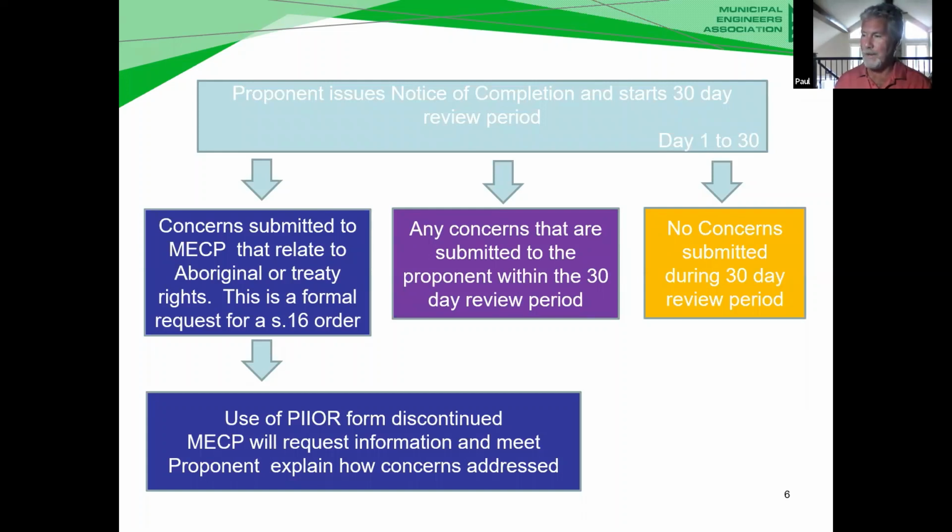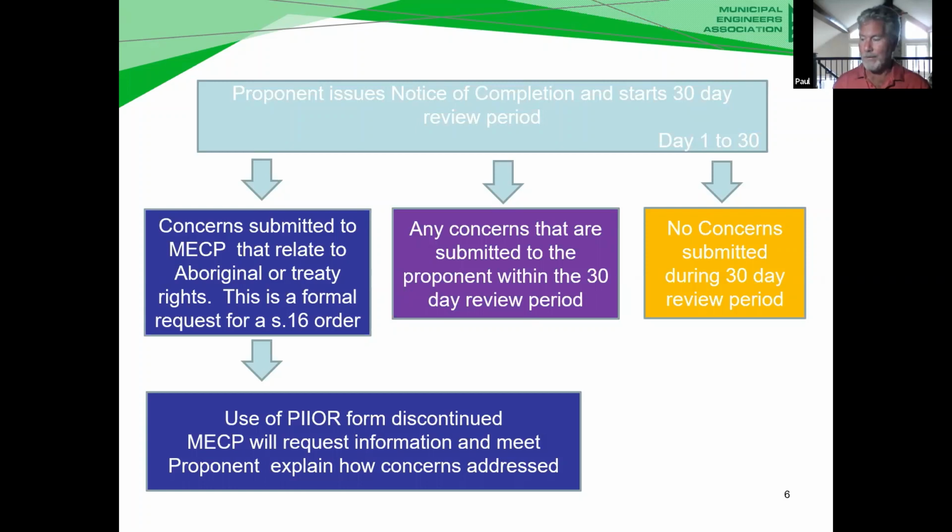So if a concern comes in about Aboriginal or treaty rights, we had worked with the ministry and introduced a Part 2 order request form. Well, that form has been discontinued because it's really not relevant anymore.